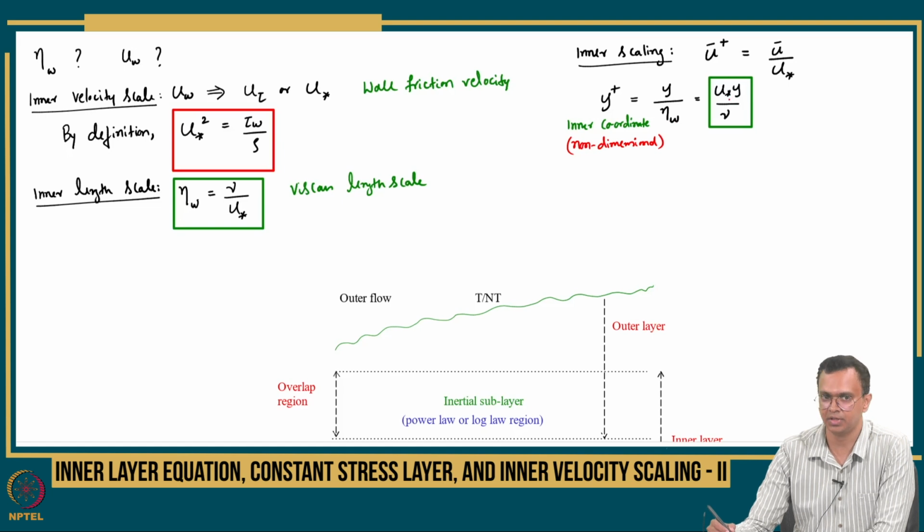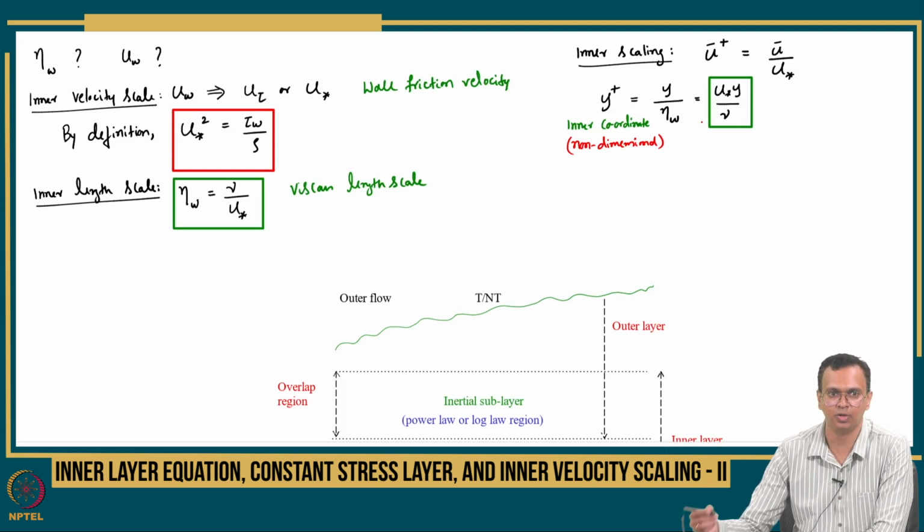Okay, we are using a wall friction velocity and the viscous length scale. You are getting a local Reynolds number here. Okay, so y plus simply represents that. So in a graph, instead of y, how your RMS data is varying in terms of y coordinate, you can plot it in terms of y plus, and then you will know how your RMS or turbulence kinetic energy or your velocity changes with the local Reynolds number as y plus is increasing, right?